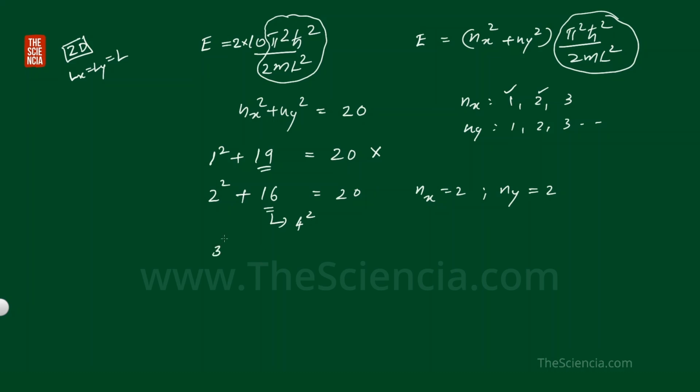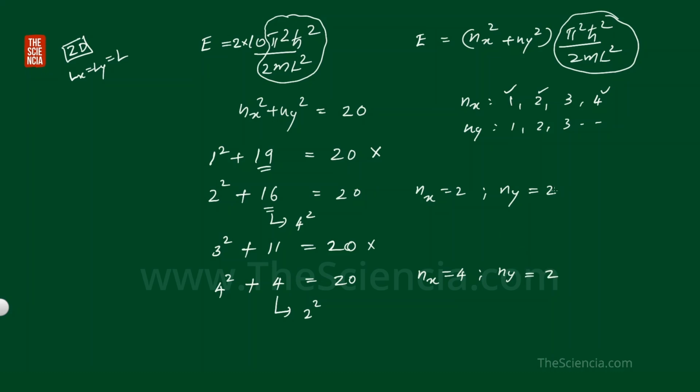That is 3 square. 3 square plus the remaining term is 11. 11 cannot be written as a perfect square, so this combination is not possible. Next we take nx equal to 4, that is 4 square, we know 16, plus 4 is equal to 20. This time we can write 4 as 2 square, so the combination is nx equal to 4 and ny equal to 2.